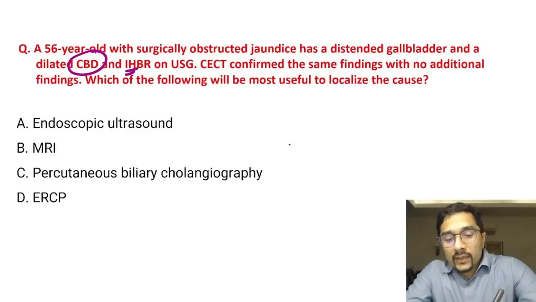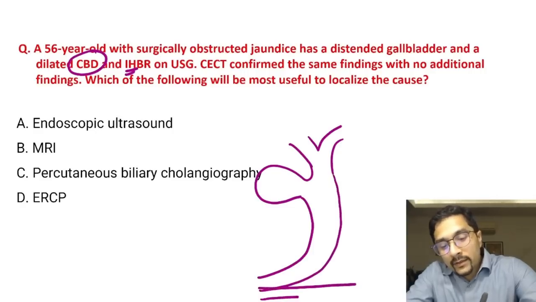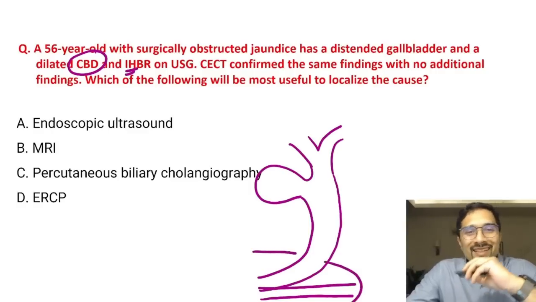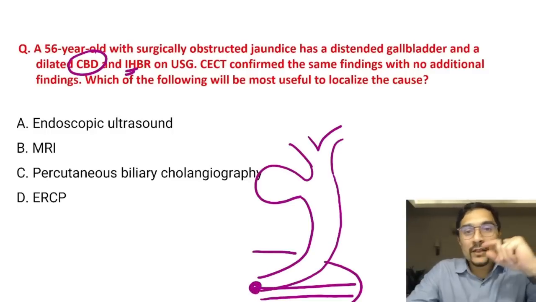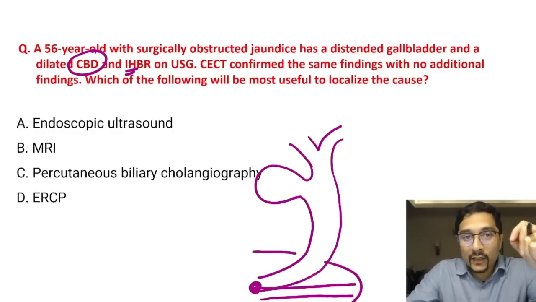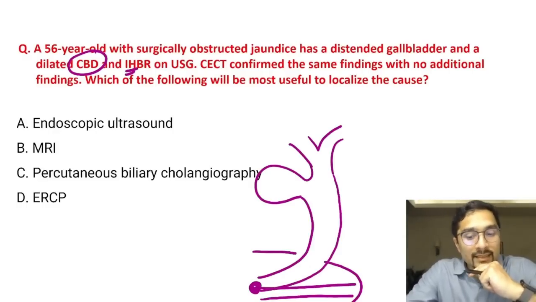Right, so basically what this means is that the intrahepatic radicals are dilated, gallbladder is dilated, CBD is dilated. Now, when will this happen? This will happen when something is blocking the opening of the CBD and the pancreatic duct. So, probably a cancer in the head of the pancreas or any of the periampullary cancers.